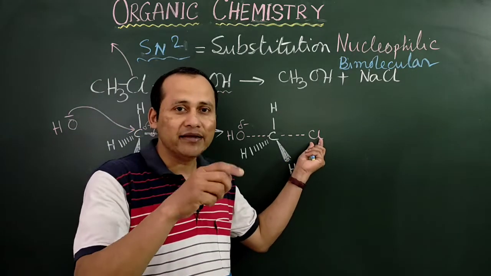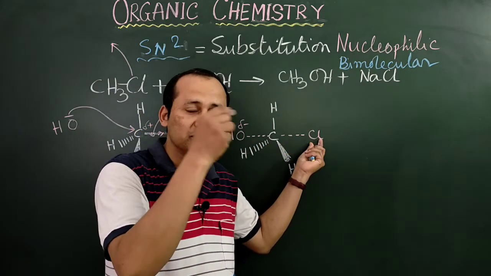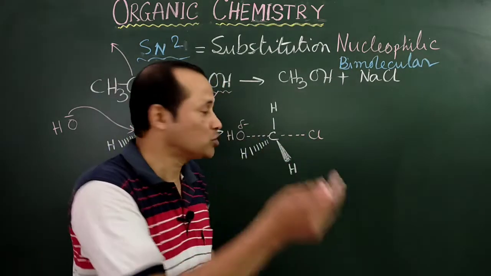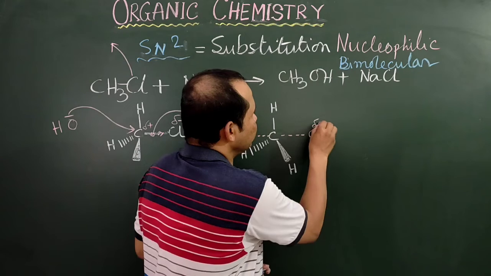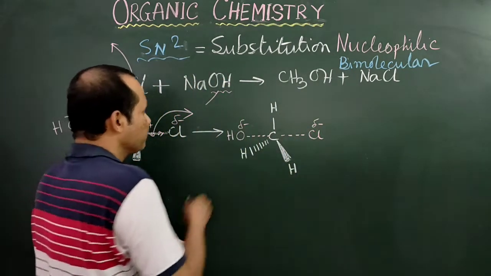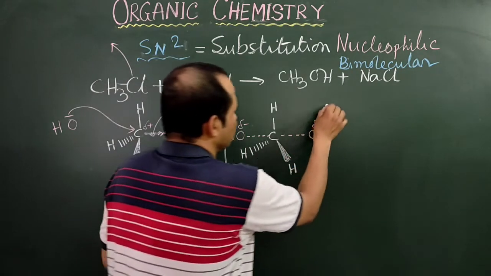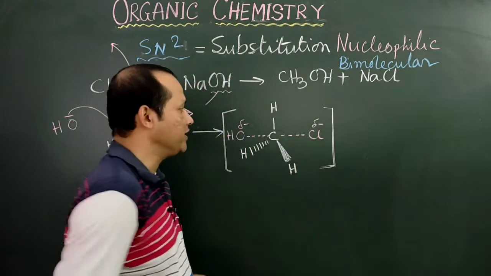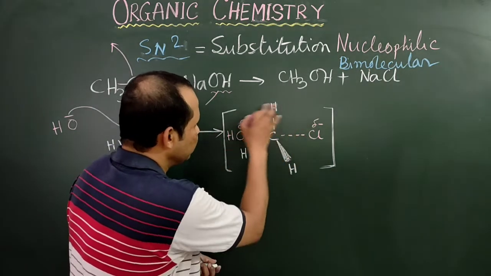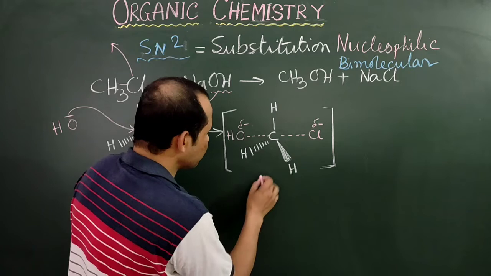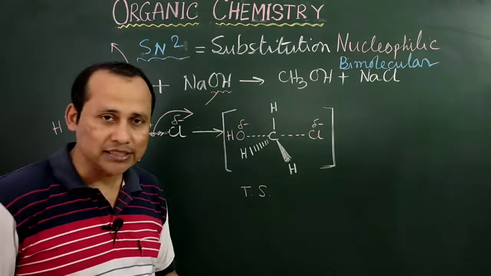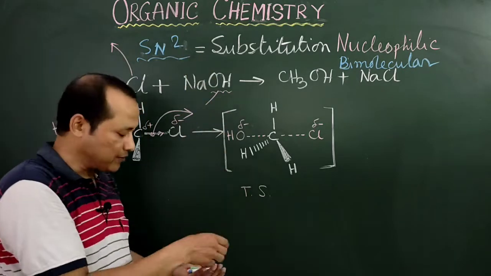This will gain one negative charge, this will gain one electron, but it is yet to be gained, so this will be partially negative, and this substance is called the transition state. So this is one transition state which is formed in this type of reaction.